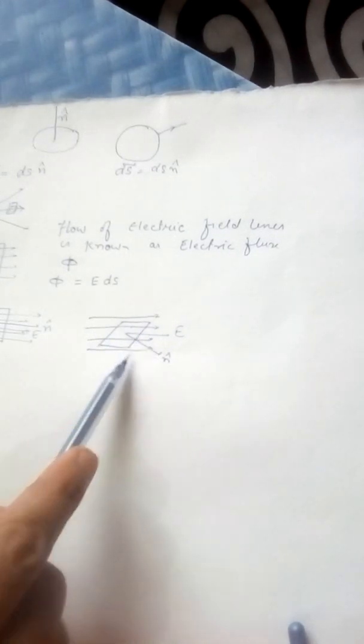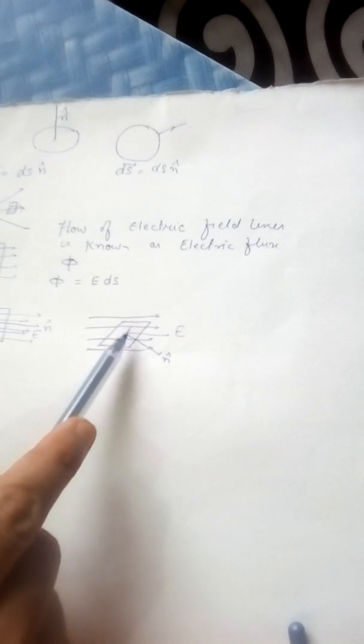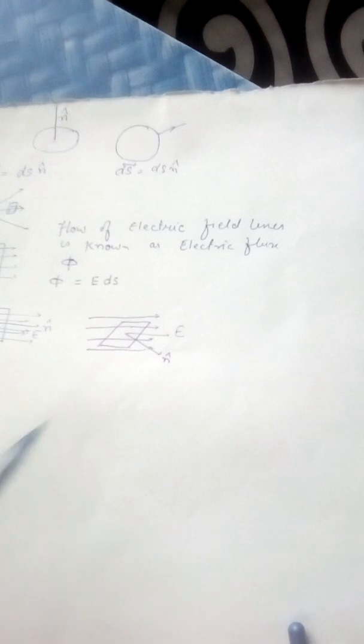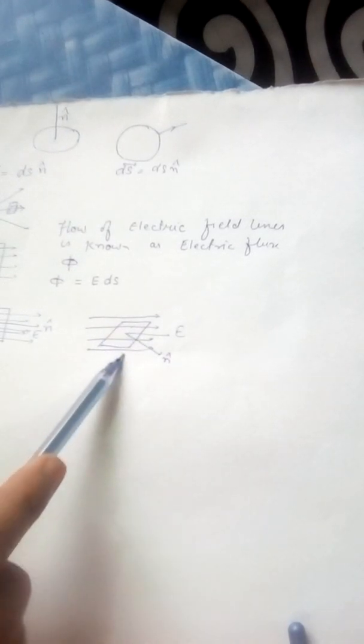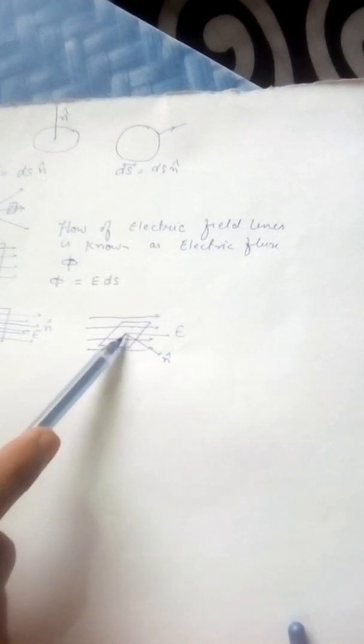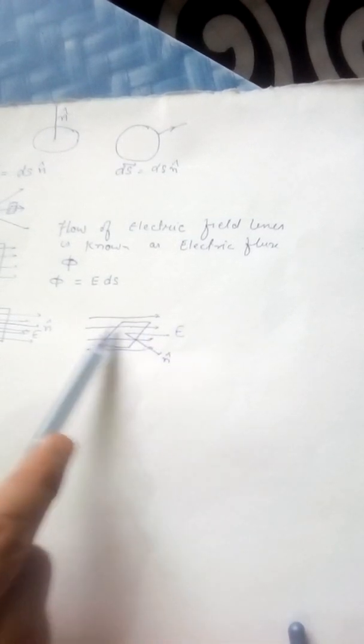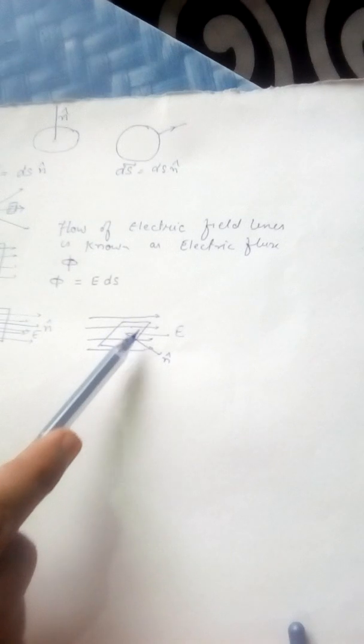If the number of field lines crossing the surface area decreases, here you can see when I am changing the direction of area vector, now the normal is in this direction and electric field of course remains the same direction. So you can see only 2 electric field lines are crossing the surface area.